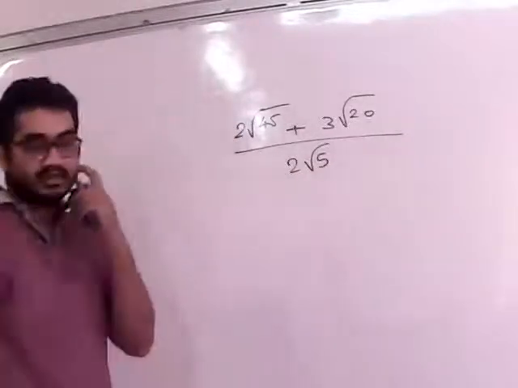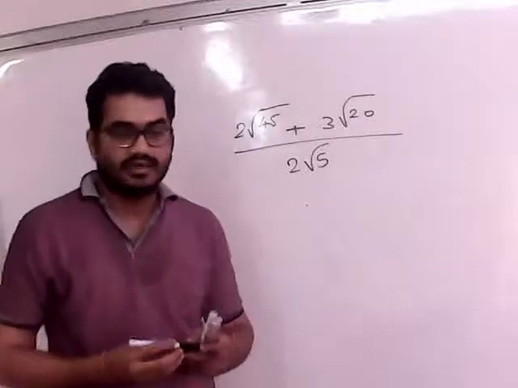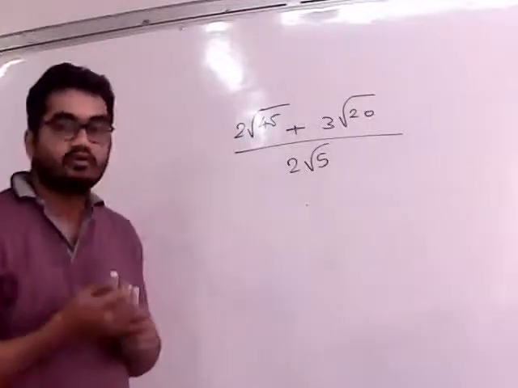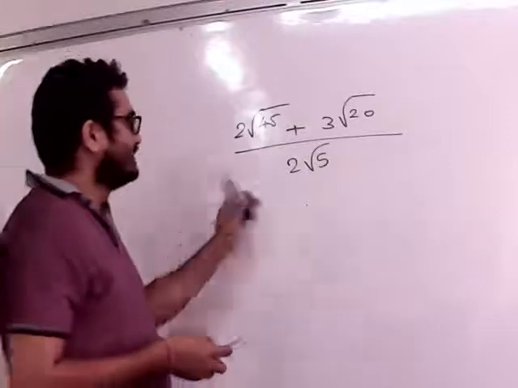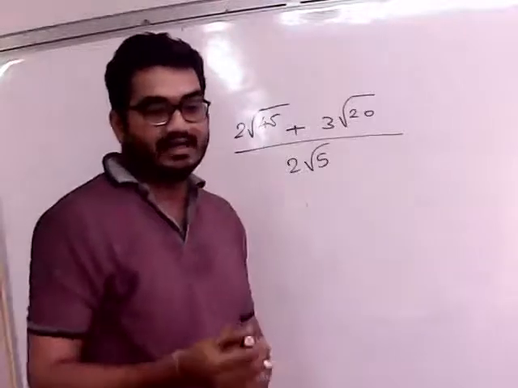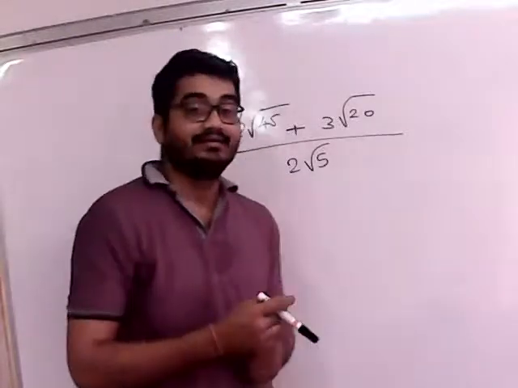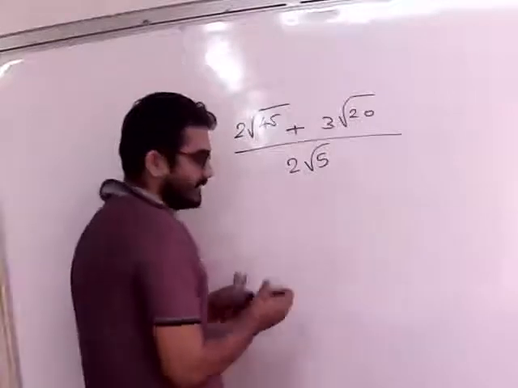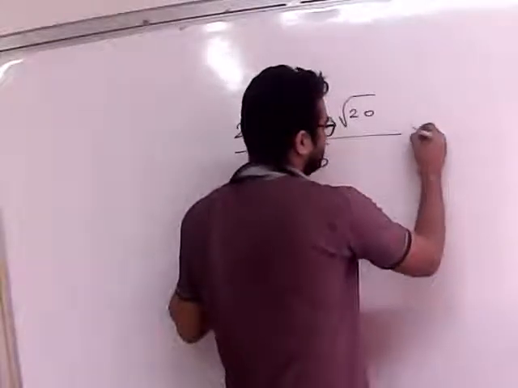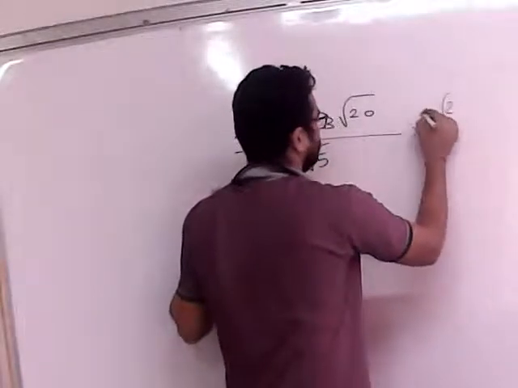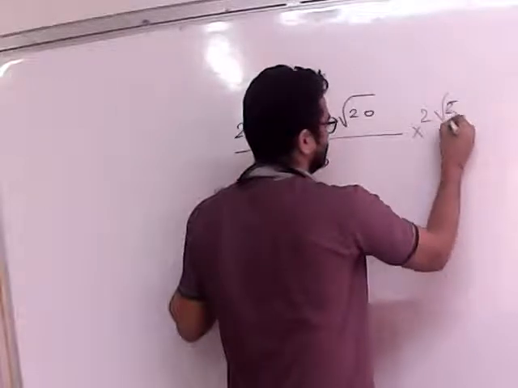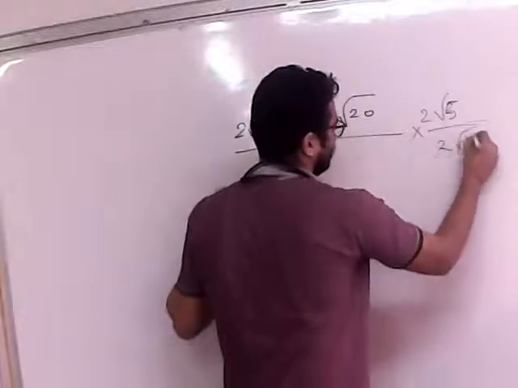Check whether the given number is an irrational number or not. That is the question. Now, how to solve such kind of questions? In 9th standard, we had studied the rationalization of the given number. So, what we have to do in the rationalization? We will multiply by 2 root 5 upon 2 root 5.